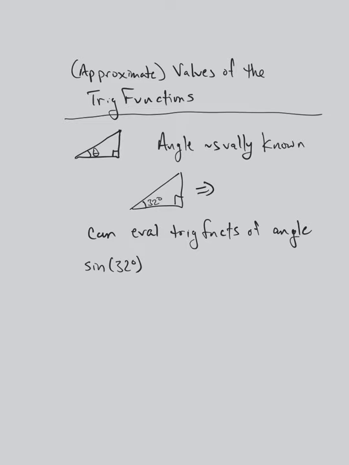When we type them in on our calculator, we won't need to type that degree symbol. I'll show you how to set your calculator up where it knows it's in degrees. Or we might need to know the cosine of 32 degrees, or the tangent of 32 degrees. So first let's see in our calculators just how to get those.